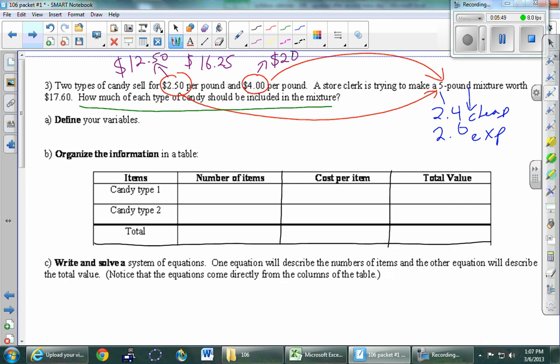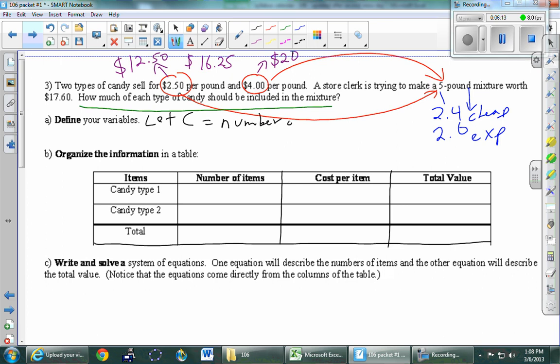So we've got two types of candy. I'm going to call them cheap and expensive. So I'll use C and E as my two variables. You're perfectly welcome to use X and Y every time, but I always like to use letters that remind me of what's going on. So how about we do, let C equal, don't write the cheap candy. Variables always represent a number of something.